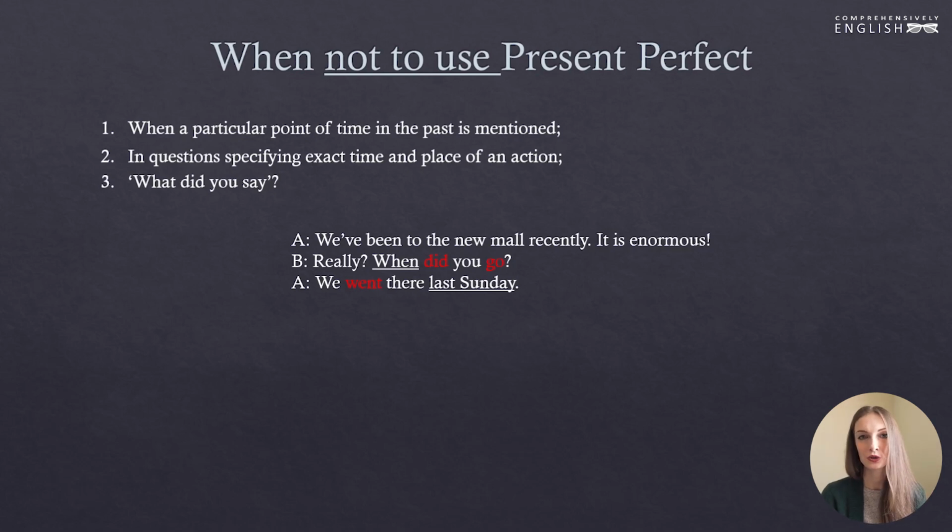That doesn't mean that you should use a particular date, or a particular time of the day. When is enough. So this question word is enough to nail us down to a particular moment in the past. In questions with when, we do not use the present perfect. And then the third line says, we went there last Sunday. Why? Because again, last Sunday specifies a particular point of time in the past.